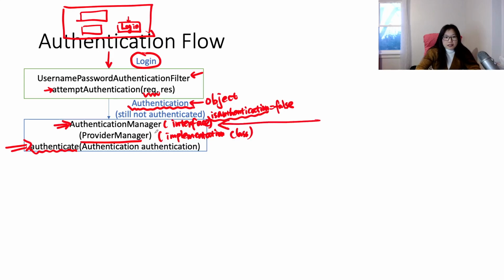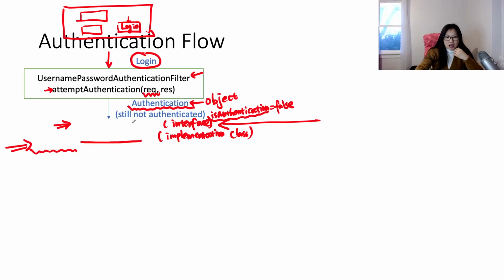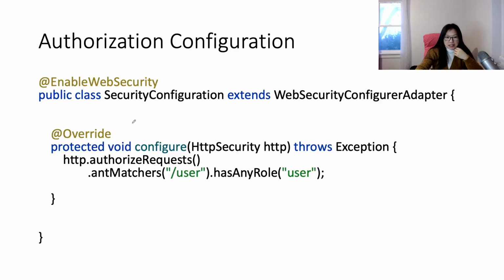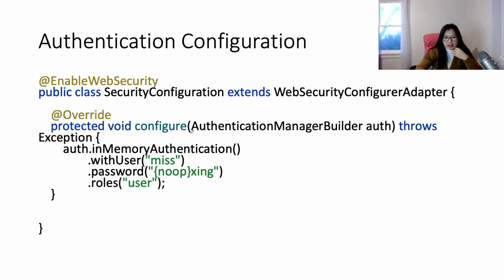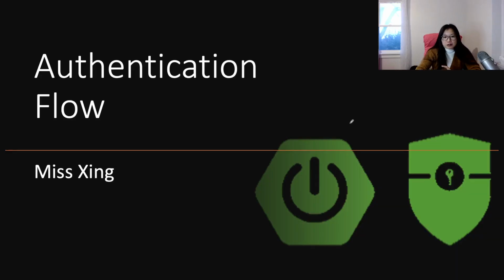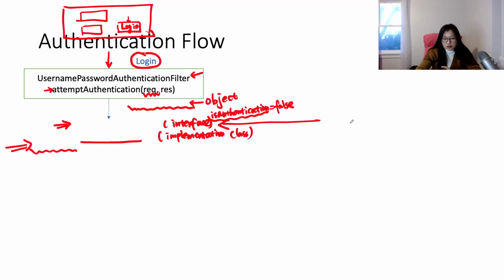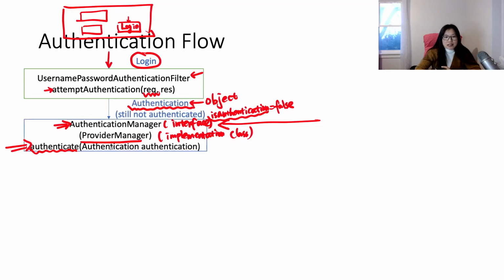Before we continue, I want to mention a little thing. This AuthenticationManager, how can we get an AuthenticationManager? Yes, based on what you configured. Do you remember the last video? We talked about it here. If we don't configure anything, this AuthenticationManager will be provided by Spring Security.